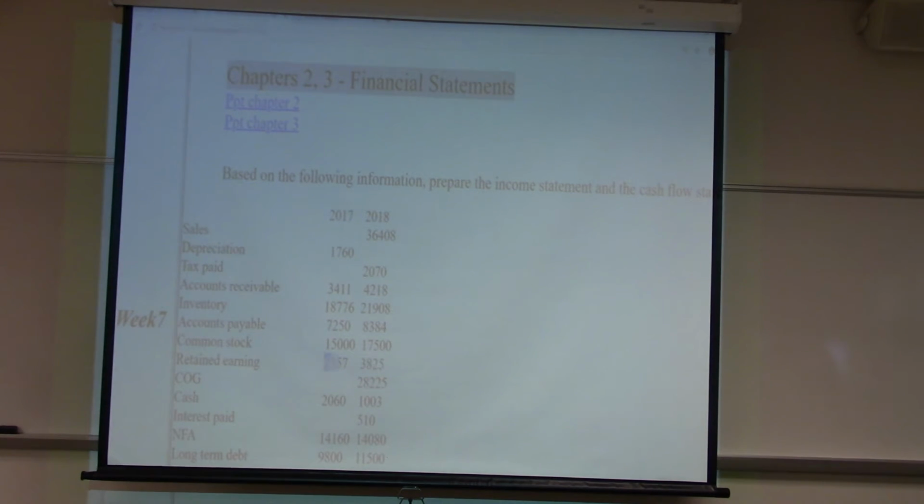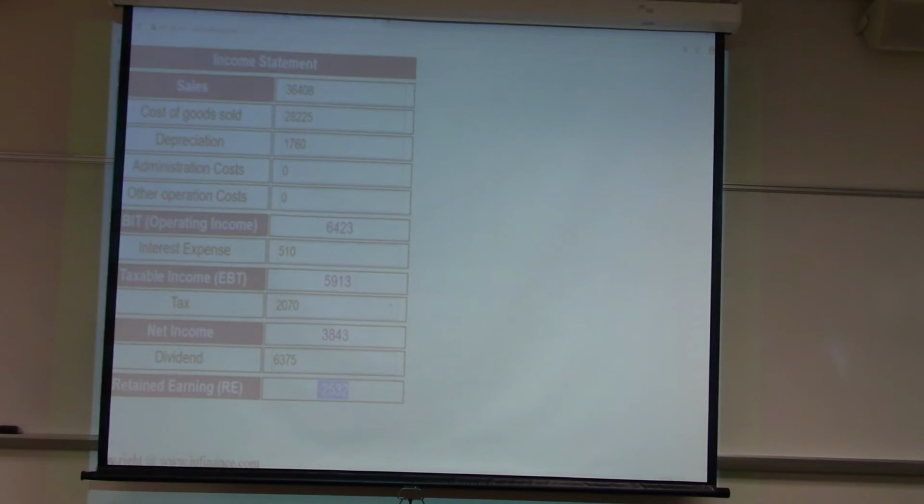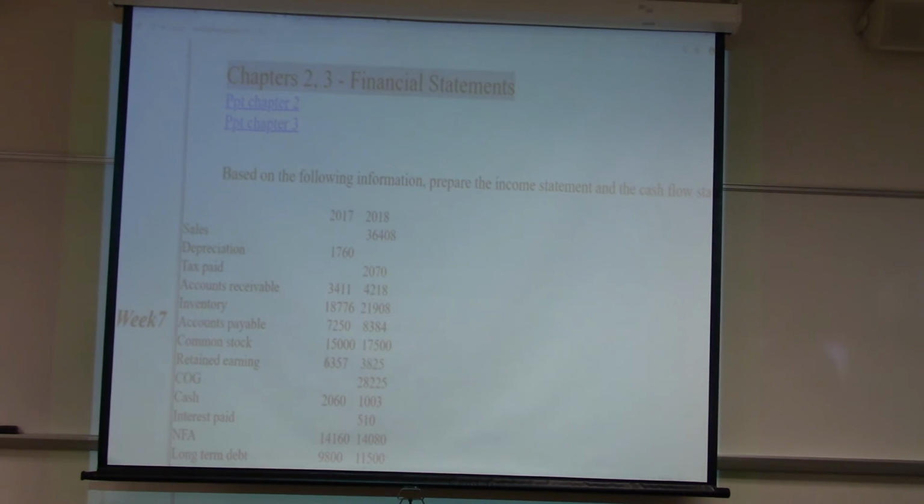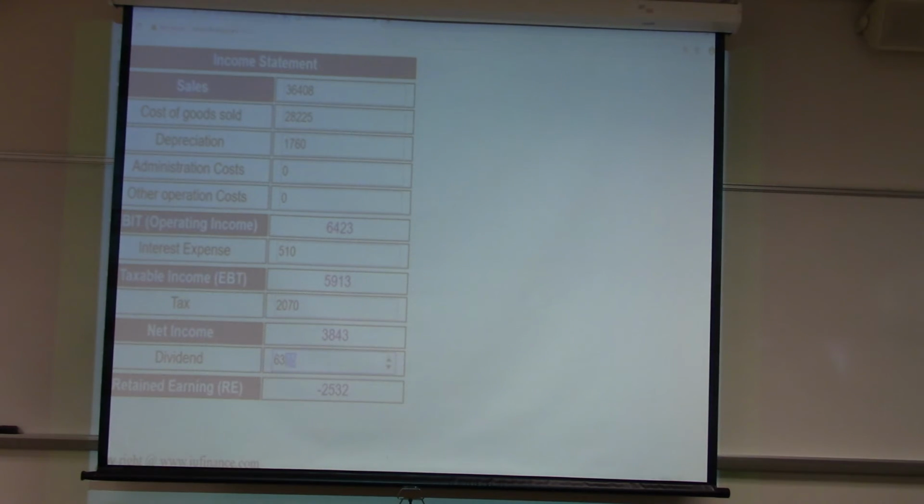It's just like your bank account is 6,357. You take out 2532 and pay yourself. So this is your savings, this is the money you make this year, you also take out from your bank account 2532, because you see the bank account value dropped by that much, and then you pay dividend, which is like money you pay to yourself.